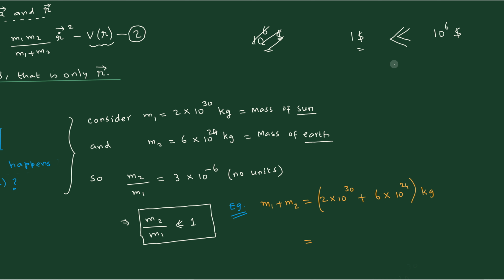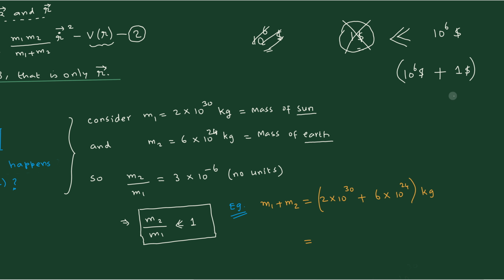What is the purpose of writing the much smaller than is that I would like to neglect something. I mean, which one would you want to neglect? Do you want to neglect $1 or 10 to the power 6 dollars? So it's very clear what you want to neglect. Neglecting means what? I have 10 to the power 6 dollars with me, and you are having $1, and now you are saying that you will be giving that $1 to me.